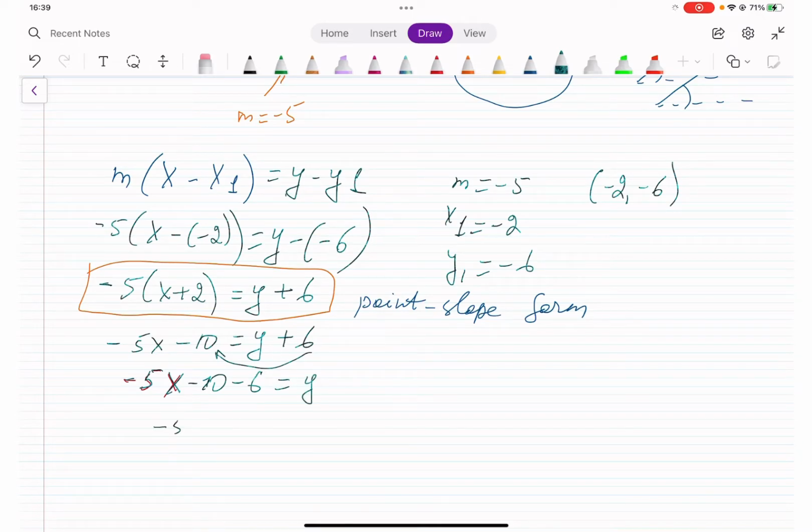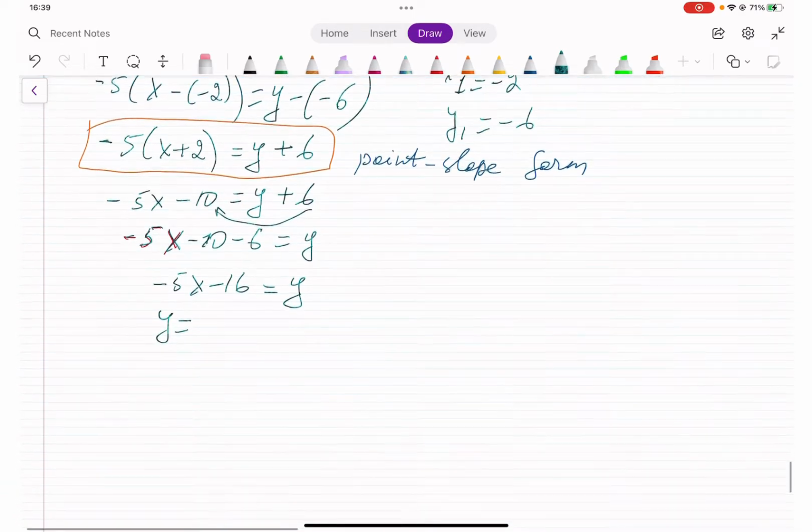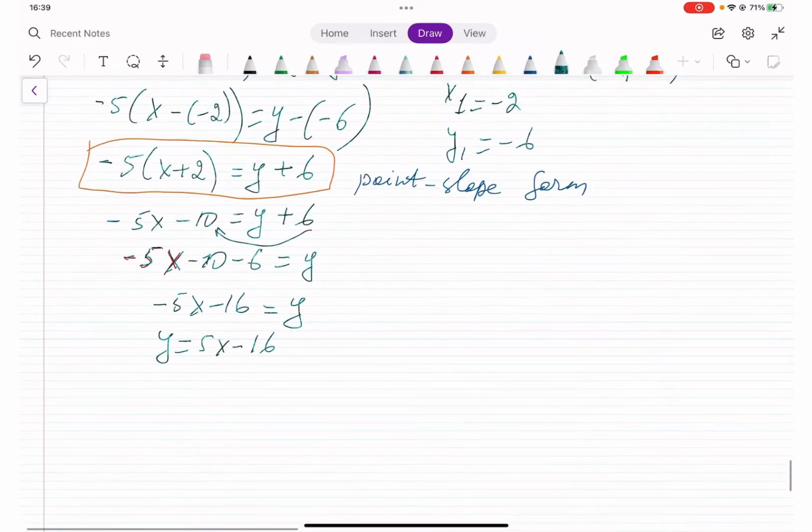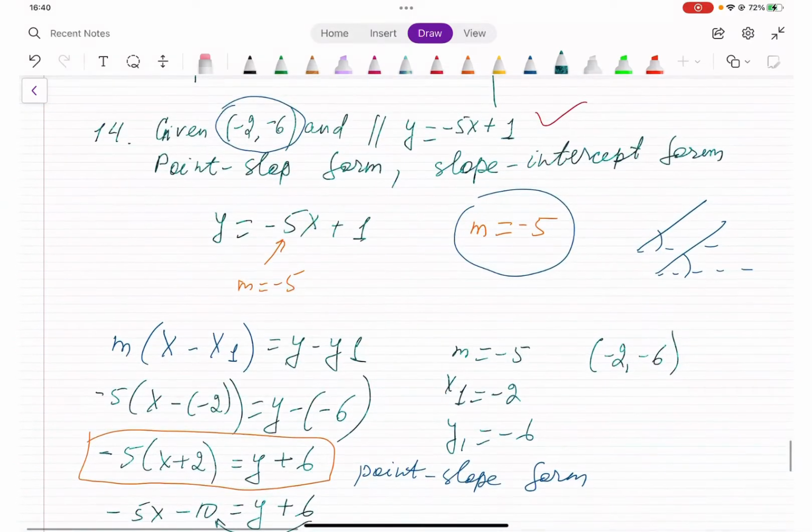So from here, -5x minus 16 equal y. Or I can rewrite y is equal -5x minus 16. Okay, so y is equal -5x minus 16 is gonna be our equation in the form of slope-intercept. All right? Okay, this was number 14.